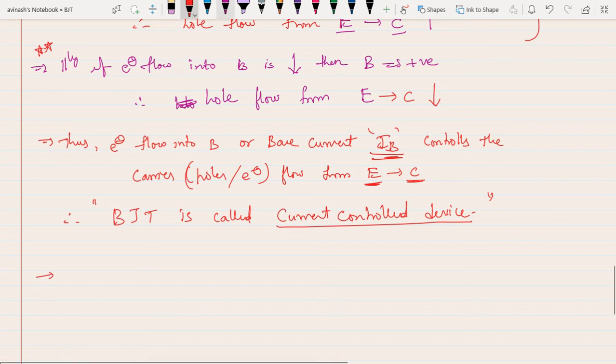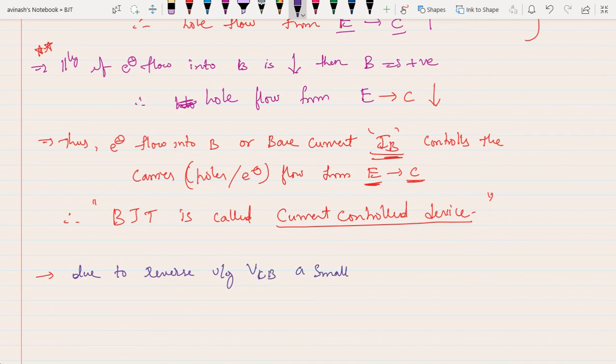Next point is, due to the reverse voltage VCB or VBC, a small current IC naught also flows through the collector junction, that is JC, the collector junction.